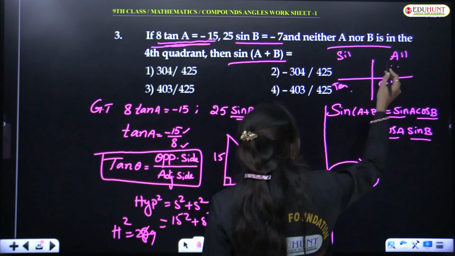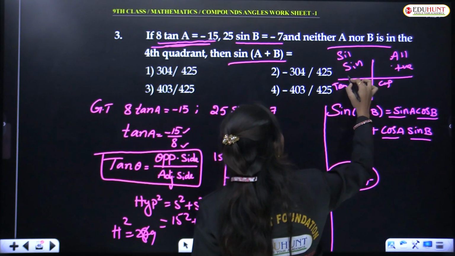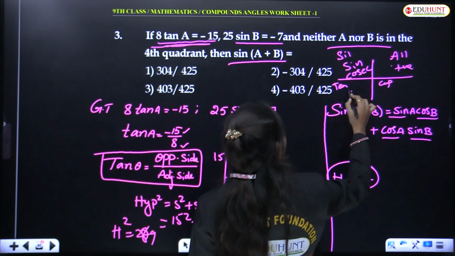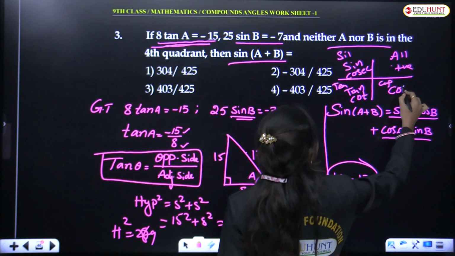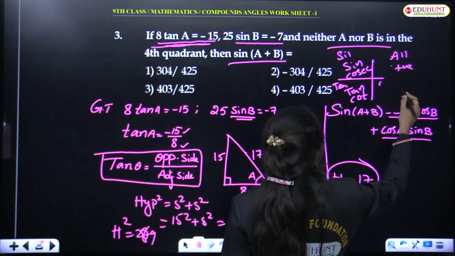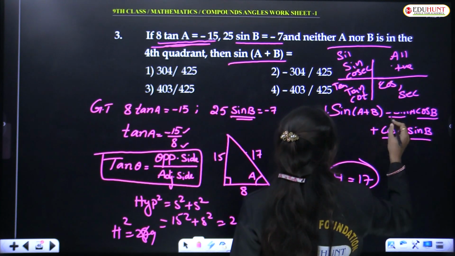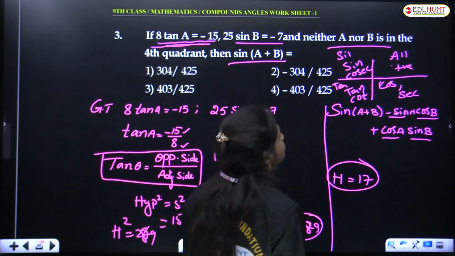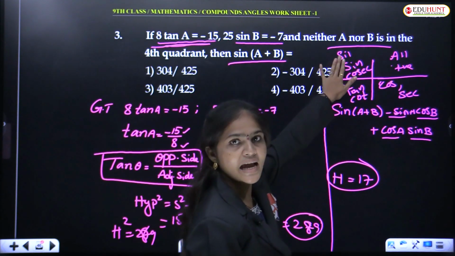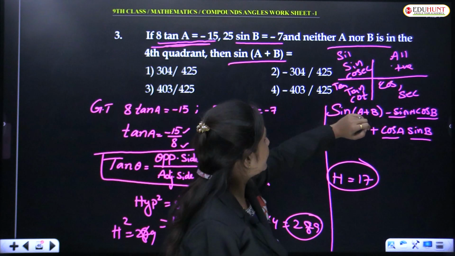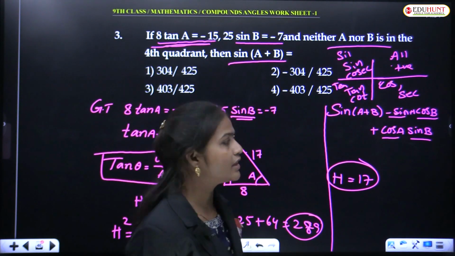So all means all ratios are positive here. Here sine and cosecant are positive. Here tan and cot are positive, in Q3. Here, cos and secant, those two are positive, in Q4.